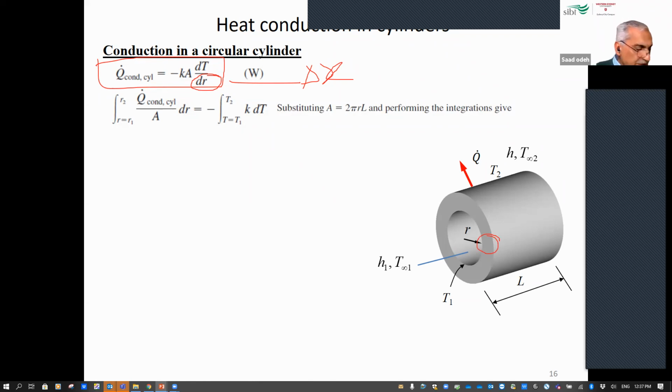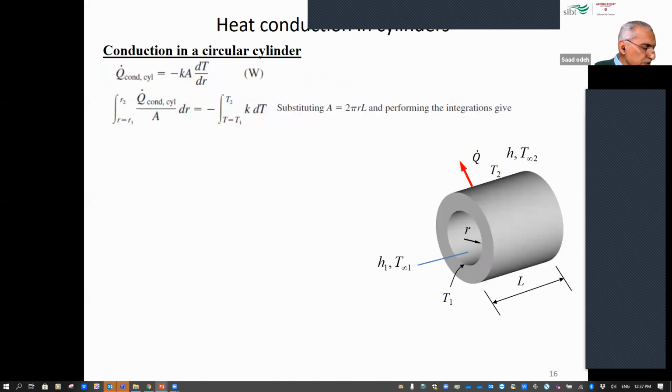And because the radius between R1 and R2 are different, so we have R1 and R2. And because of this, there is change in R. So rather than say delta X, we say dr, change in the radius of the tube, okay?